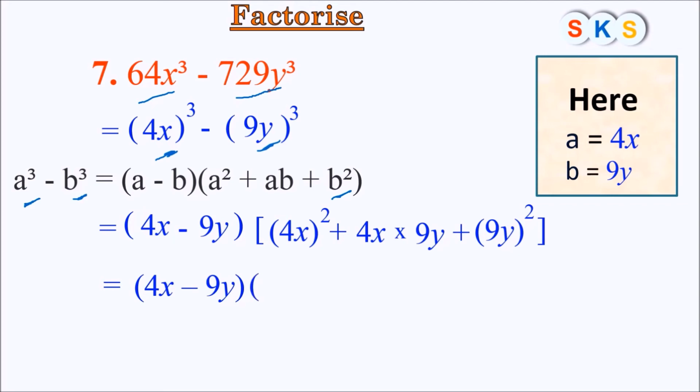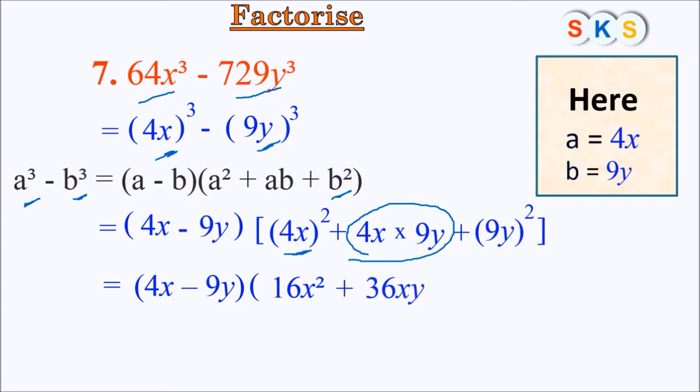In the second bracket, you can see that here we have 4x the whole square, and 4x the whole square would be 16x square, plus 4x into 9y. 4x into 9y will be 36xy.